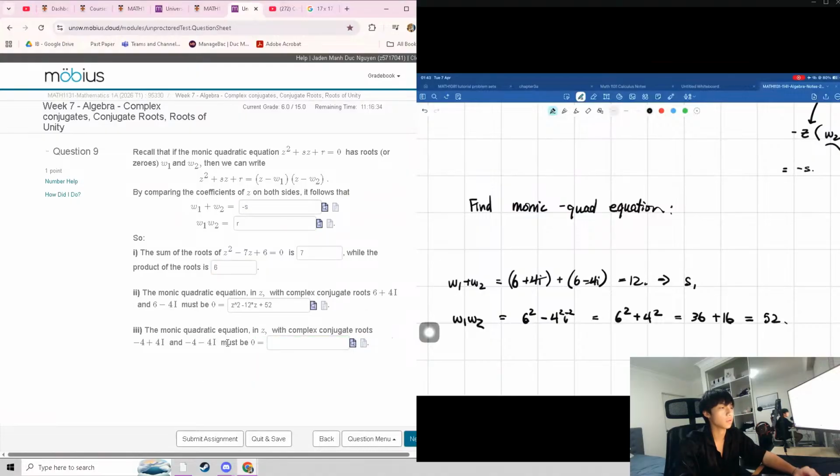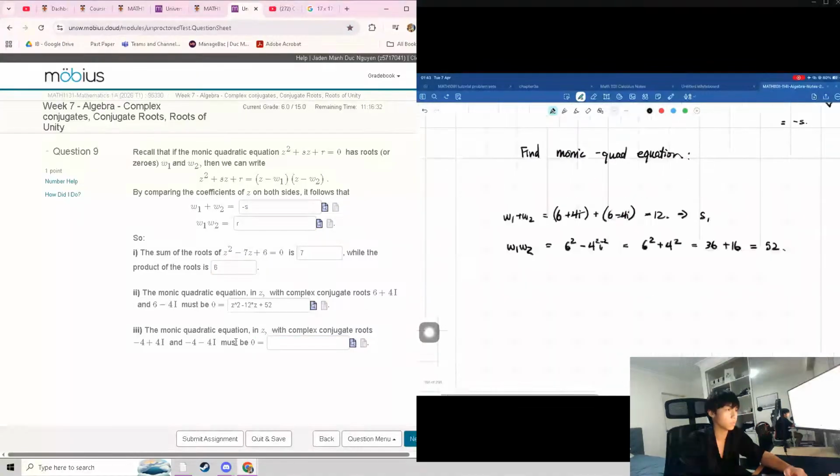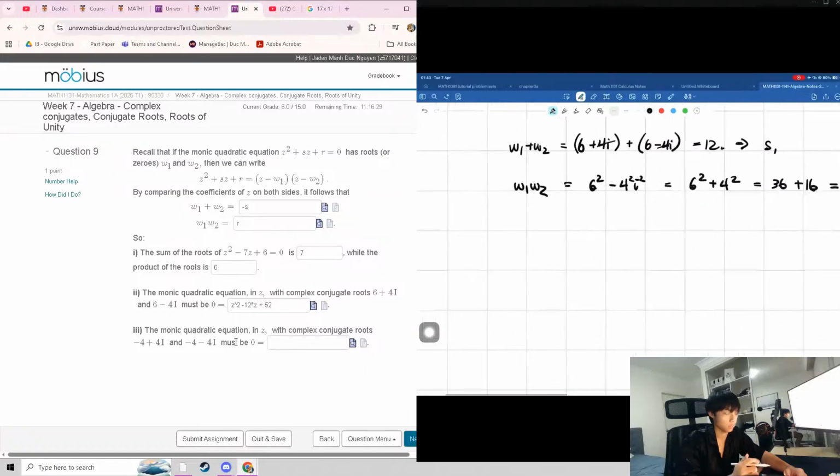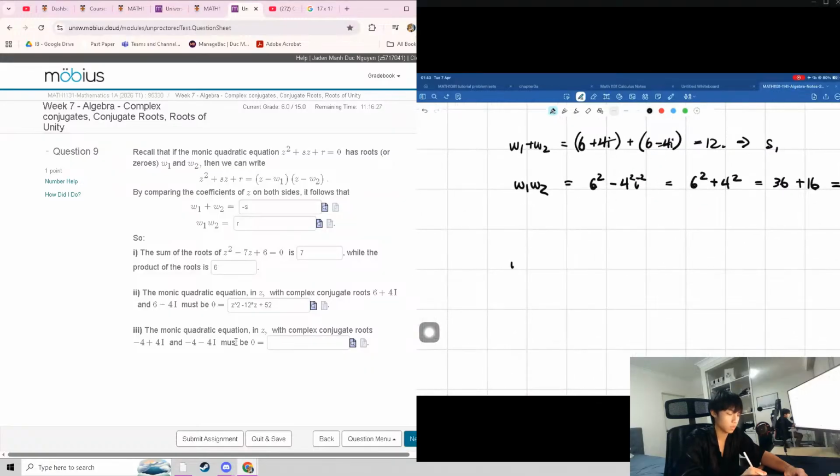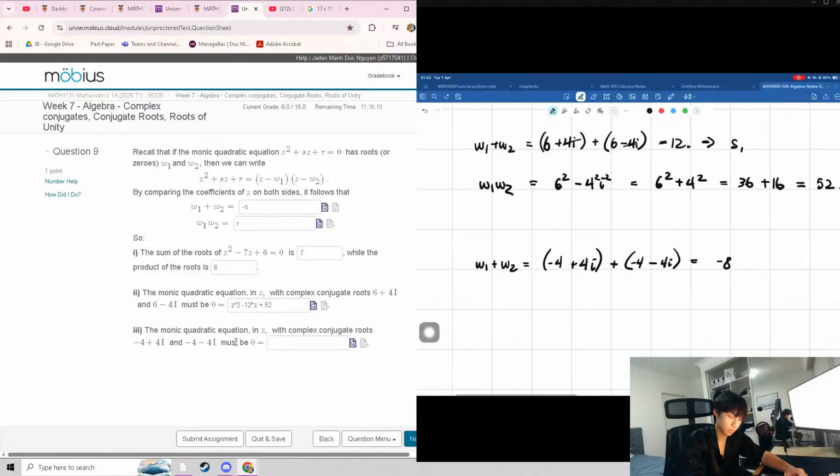Okay, that's fine. So W1 plus W2 is equal to minus 4. Okay, we see a minus sign in the real roots. That's completely fine. That's minus 8.